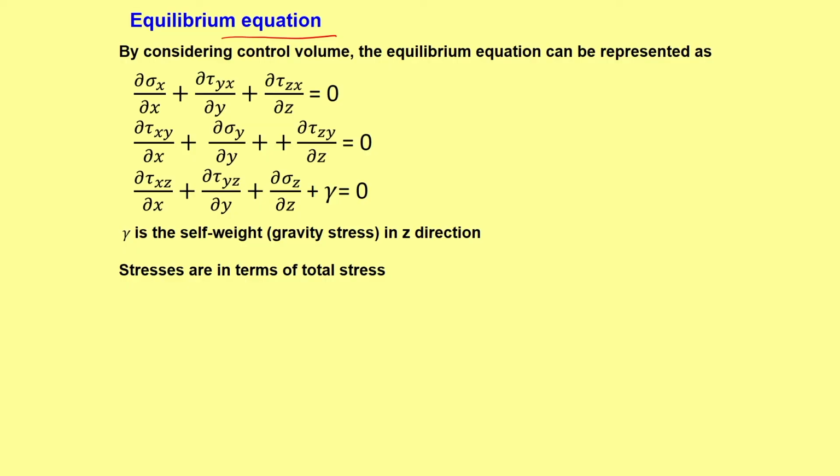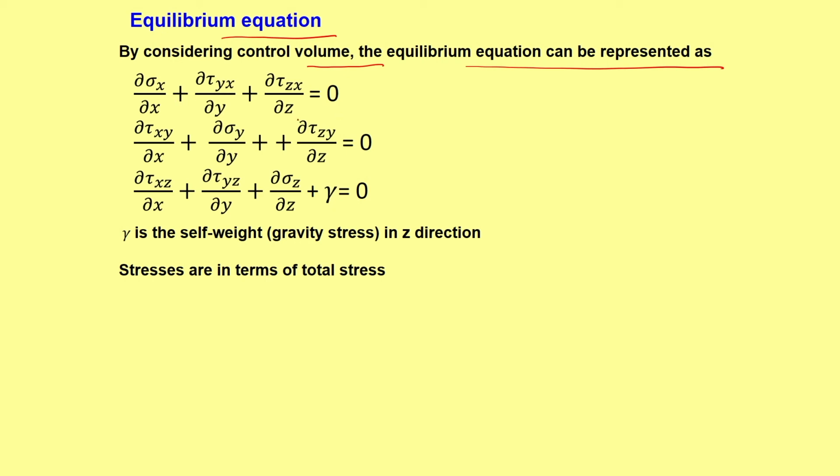For defining the equilibrium condition, we need to specify the equilibrium equation. I will not go into the derivation of these equilibrium equations, it is very basic and mostly seen by most of you.